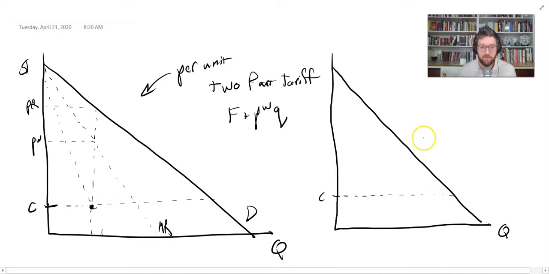So here we have, this is supposed to be the same problem. And we know that this is the retailer. The maximum profit that they could possibly get, if they had vertically integrated, would be that they would just have this cost C, and they would behave like a monopolist.